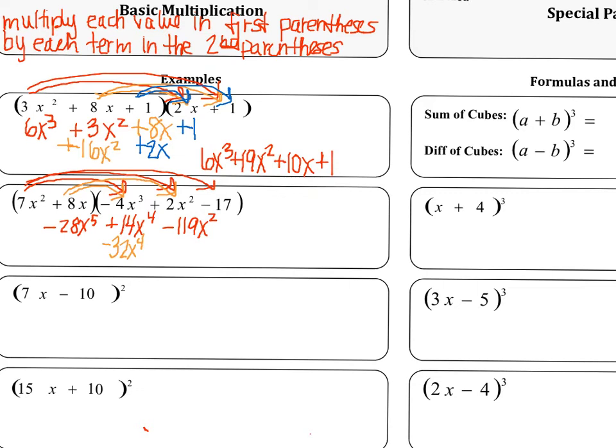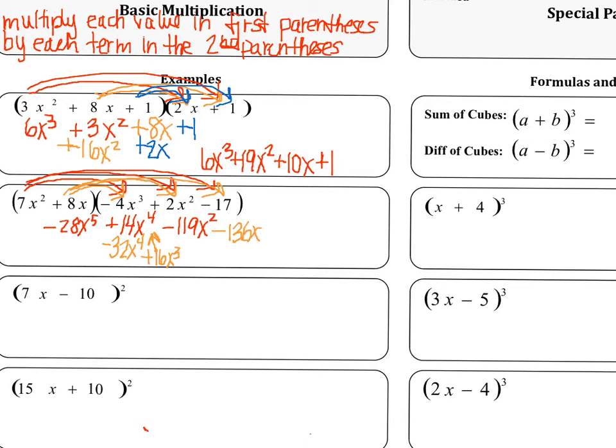Now I don't have an x to the third term in here, so I've got to remember to put it right up there. So I'm going to give myself a little arrow. So that's plus 16x to the third. And then I've got 8x times a negative 17, and that's negative 136x, and that doesn't have a like term, so I'll just put it at the end here.